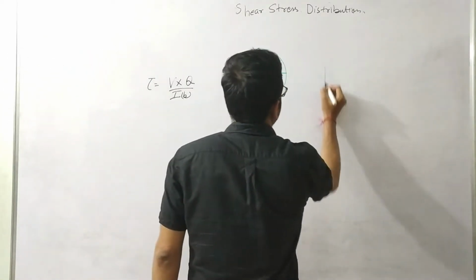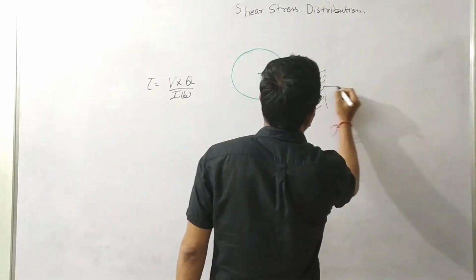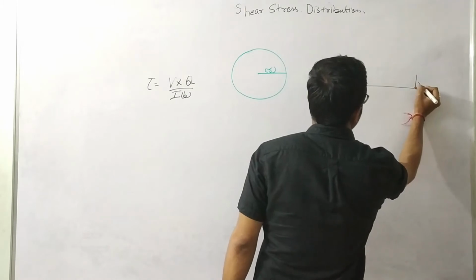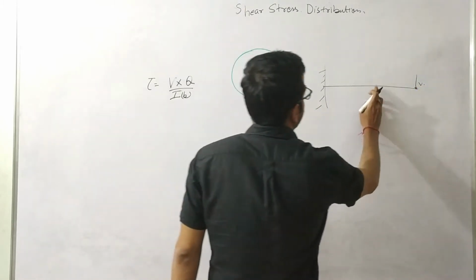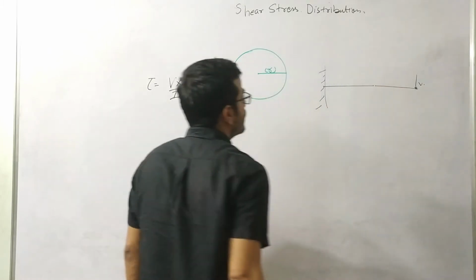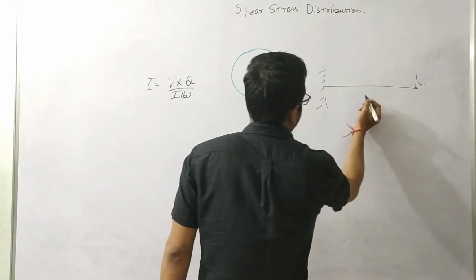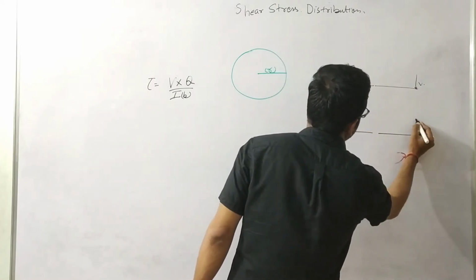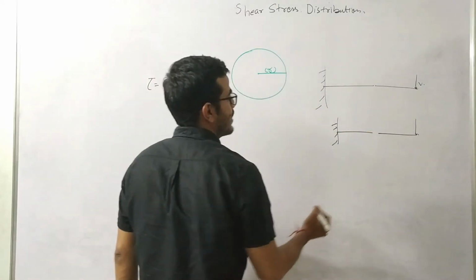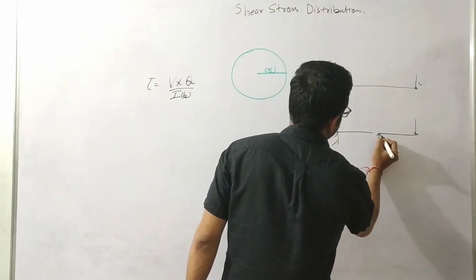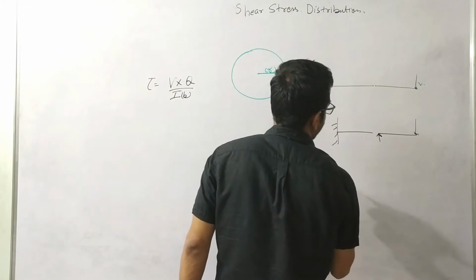Suppose I have this cantilever beam, where one V force is acting at this point, and I make one cut over here. If I enlarge this portion, it will look like this. The V force will act in the downward direction. This is my load.